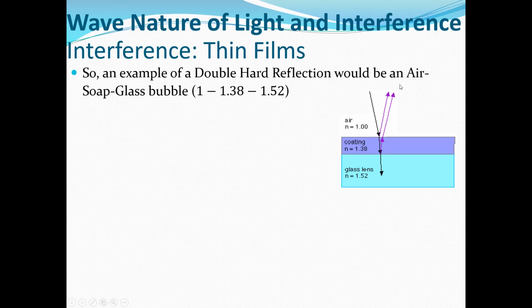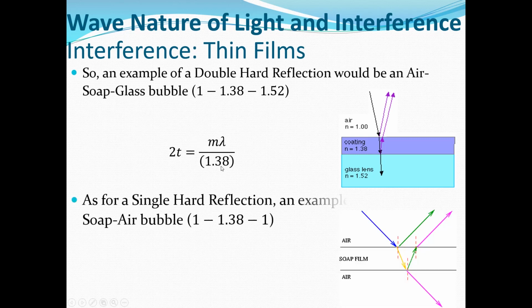Because they're both half a phase shift, that means it's going to be an integer number, so I'm going to use the m lambda form of the equation. Here, this is only a single hard reflection. You get the hard reflection on the air to soap film reflection, but not on this one. So this one is half a phase shift, while this one is zero phase shift.